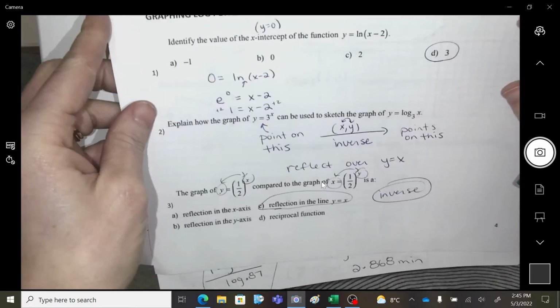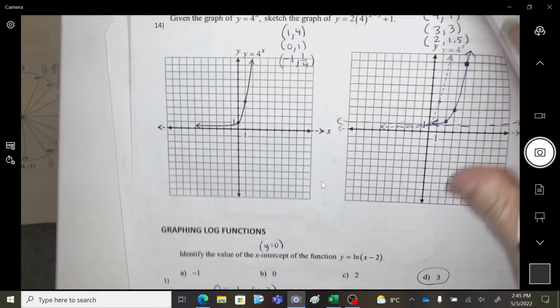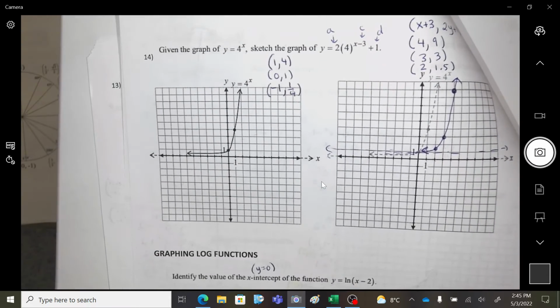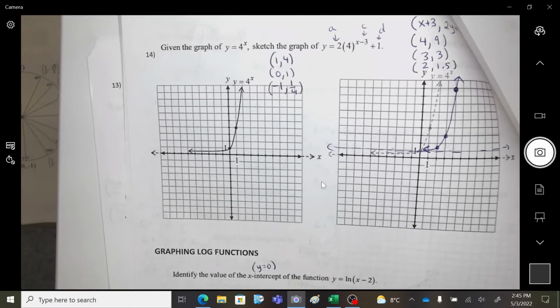Oh, yep. I found a gooder. Number 14 on page 4. I've already done it, but page 4.